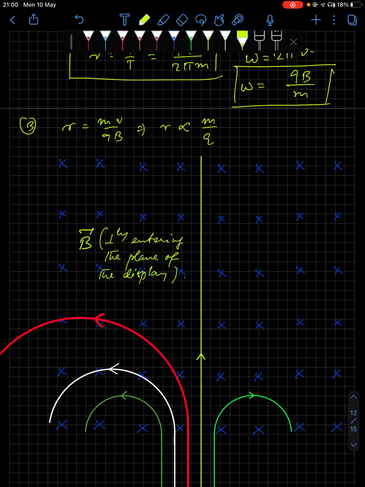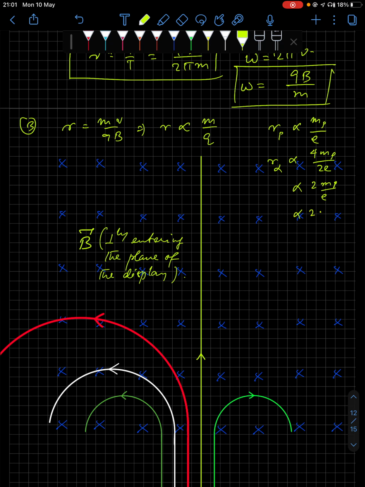For proton, this will be proportional to mp by e. For alpha, this will be proportional to 4 mp by twice e, which is 2 times mp by e.